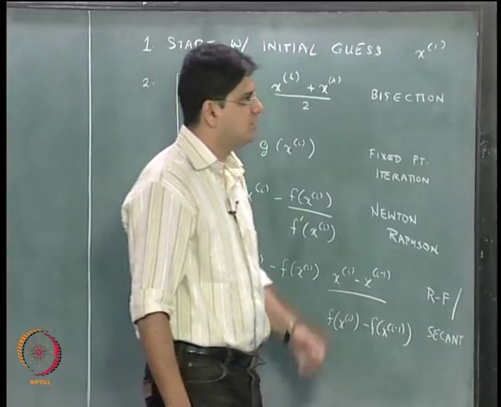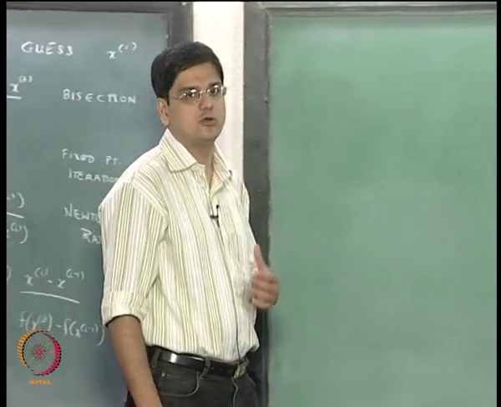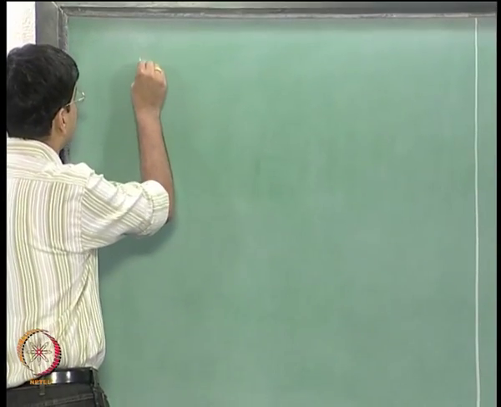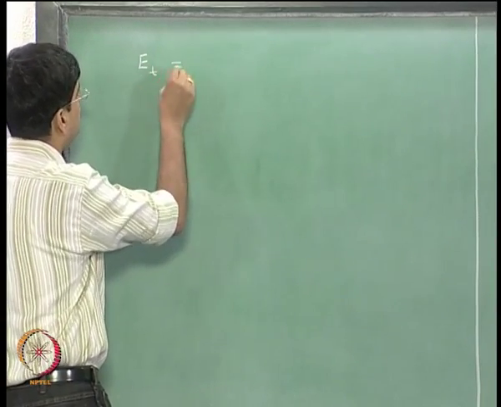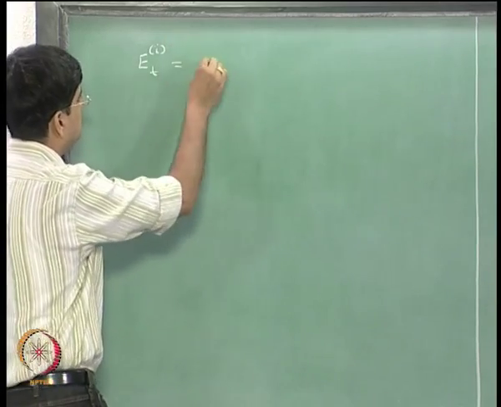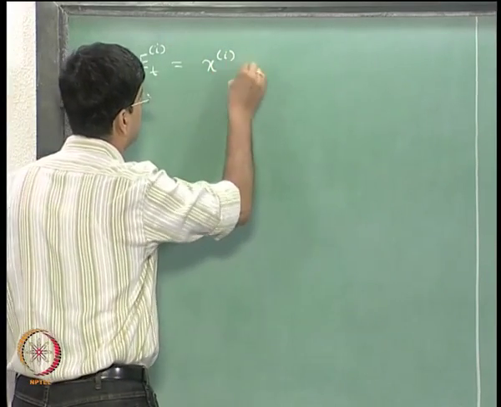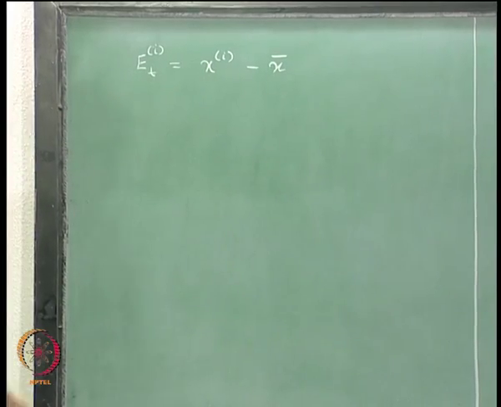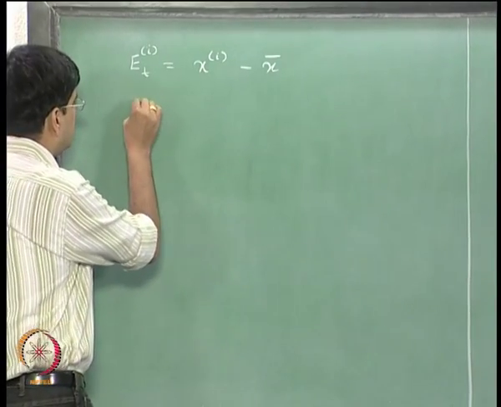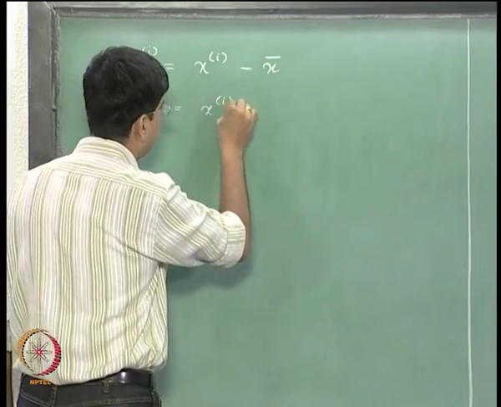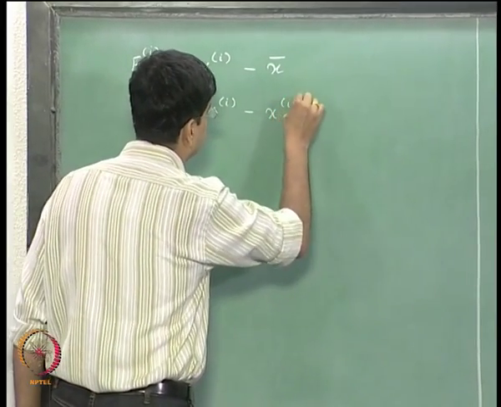Let us go back and think about the definition of errors that we had come up with earlier. The true error et at, let us say, the ith iteration is going to be xi minus x bar, where x bar is the true solution, and our approximation error e is going to be equal to xi minus xi minus 1.